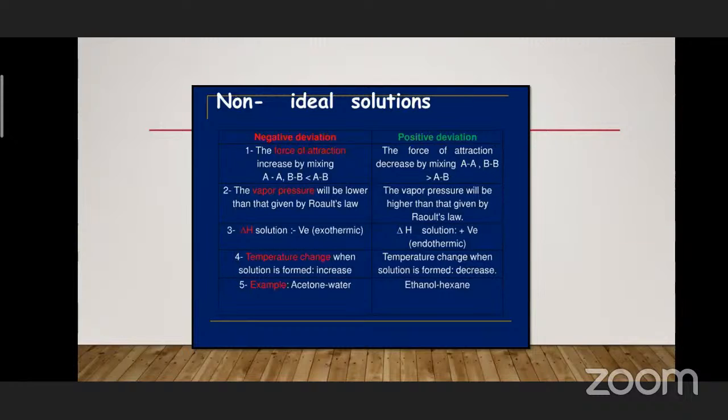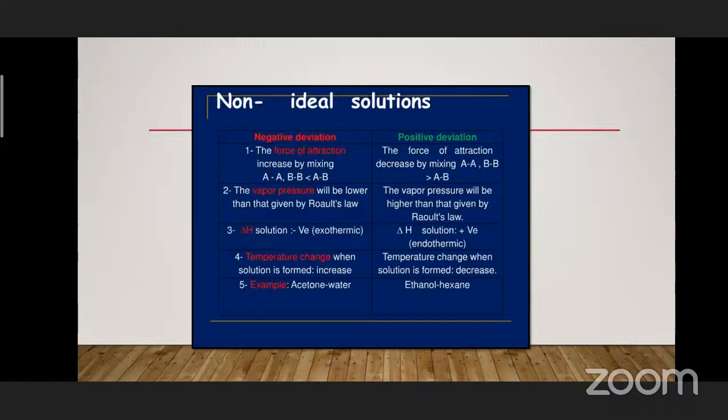And that, just now I said, ethanol, you have learned in the last year that ethanol has intermolecular hydrogen bonding. So when you are mixing hexane in ethanol, what happens? These hexane molecules will break this intermolecular hydrogen bonding. So because of the breakage of the intermolecular hydrogen bonds, now the ethanol molecules will become free.